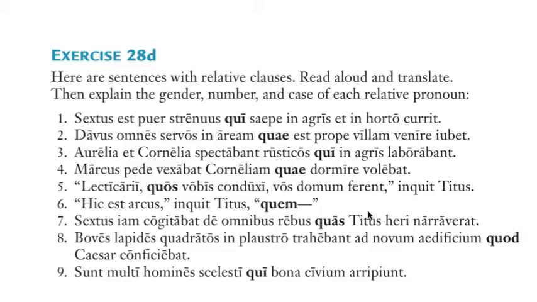We have a subject here, and we have a verb, and then this is a direct object, as we'll see here. But first of all, what is the antecedent of quas? Sextus now was thinking about all the things which Titus had told yesterday. So which refers to all these things that Titus had been talking about, right? So quas takes the place of omnibus rebus, and this explains its feminine nature.